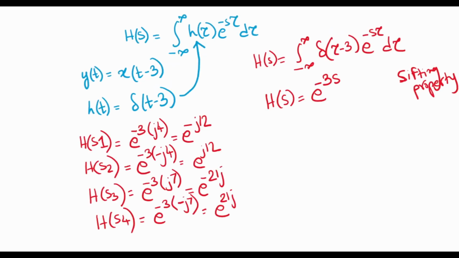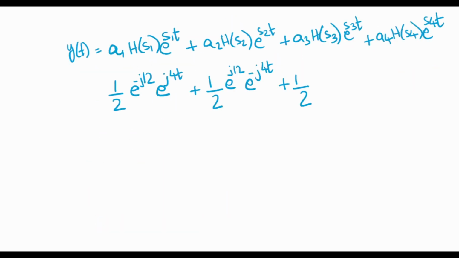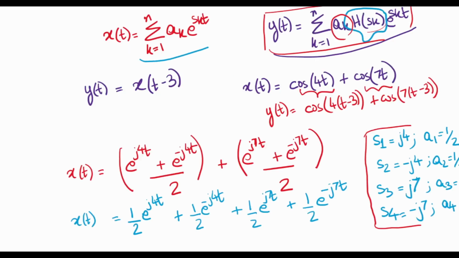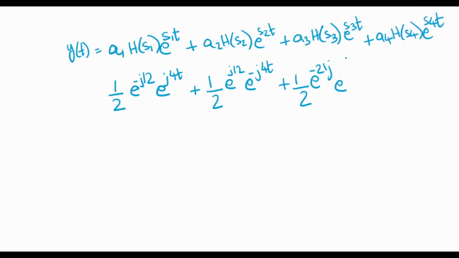H of s3 is e to the power minus 21j, and e to the power s3 is j7t. Plus a4 is again half. H of s4 is the complex conjugate, so e to the power 21j, and s4 is equal to minus j7t.